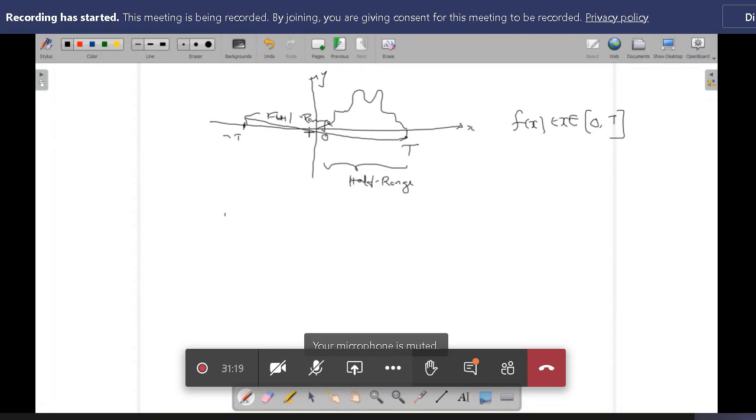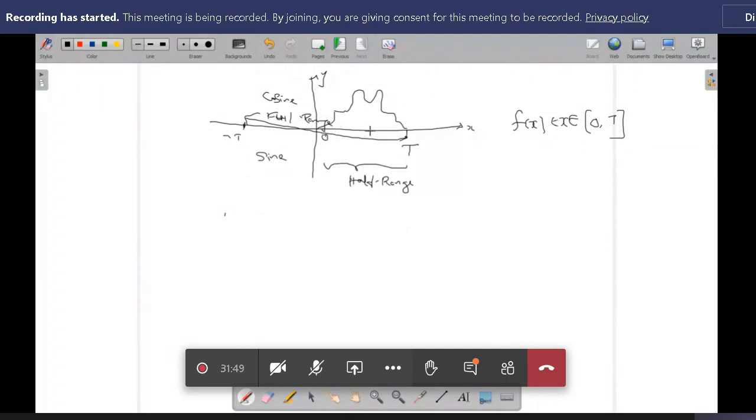So now we have a chance of extending either an odd extension, that is it contains sine terms, or an even extension, it contains cosine terms. Because if you want to extend the given function with the half range cosine series, this means in other words, you are extending it as an even periodic extension.